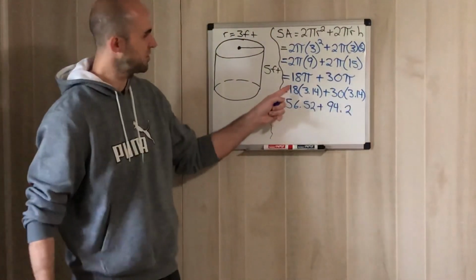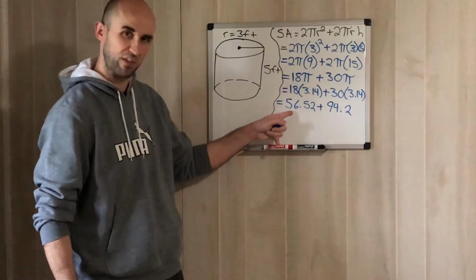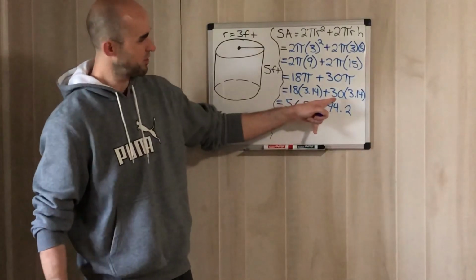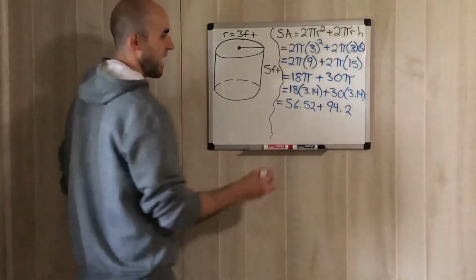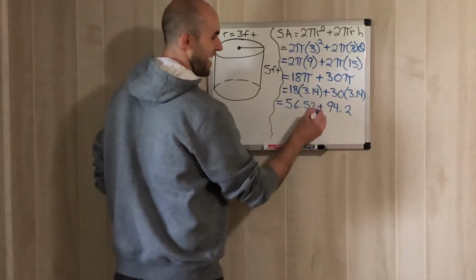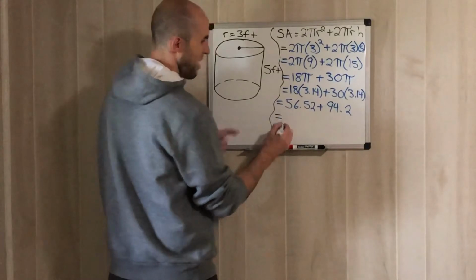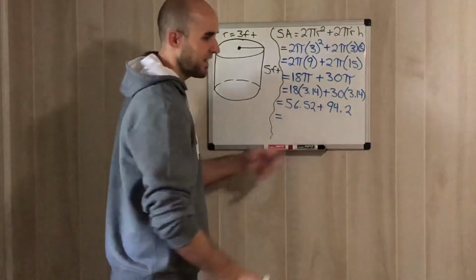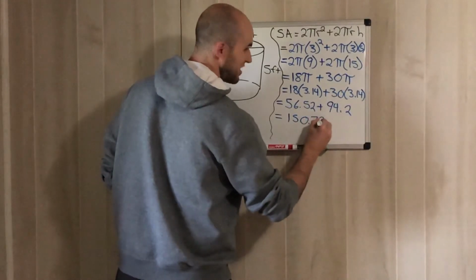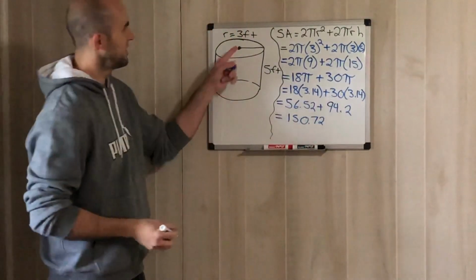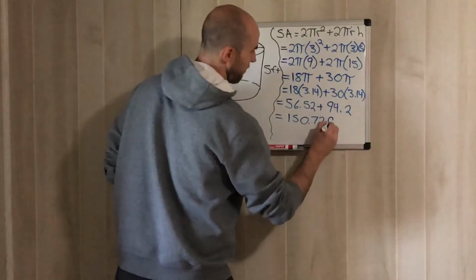Now for our final step, just make sure you add those two numbers. When you add this and that, it ends up giving you 150.72. And since it's feet, it's going to be feet.